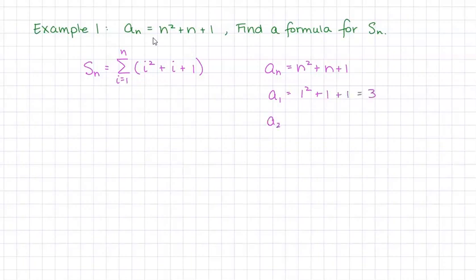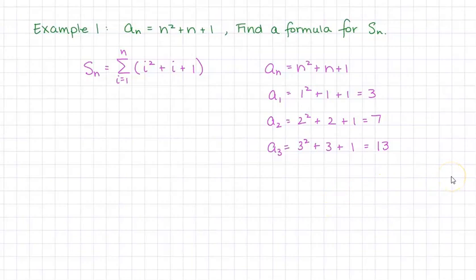The second term is 2 squared plus 2 plus 1, which is 4 plus 2 plus 1, that's going to be 7. And the third term is 3 squared plus 3 plus 1, which is 9 plus 3 plus 1, which is 13. Hopefully I'm doing my arithmetic correctly. But you see I'm getting the first, the second and the third term, and I would just keep doing this. I would let n equal 4 and plug it in and so on.